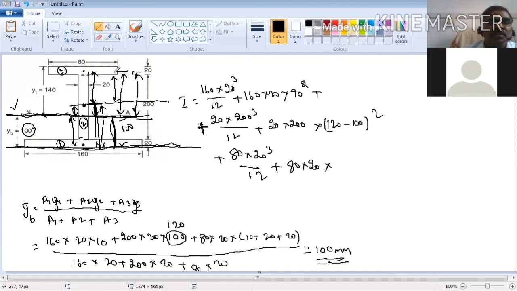So then here 110. This is 20, this is 100, here 110. So the total distance is 20 plus 100 plus 10. So this will give the moment of inertia.